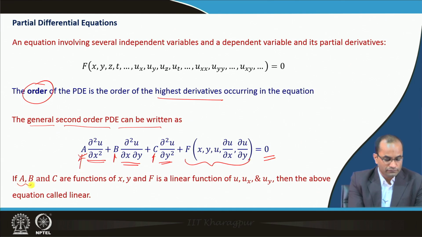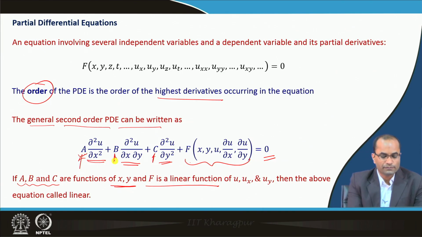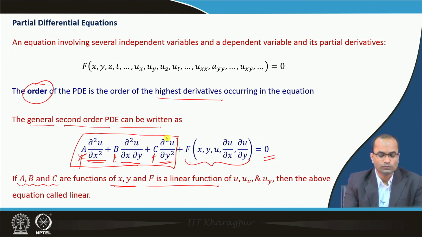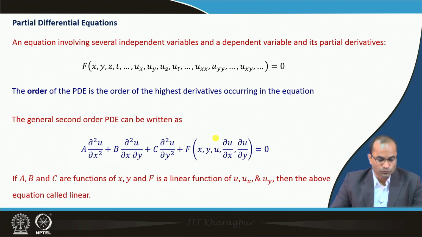If these coefficients a, b, c are functions of x and y, and this f is a linear function, that means the whole equation is linear in u. Here either u appears or del u over del x, but there is no product appearing in this expression. So, this is a linear equation in u.